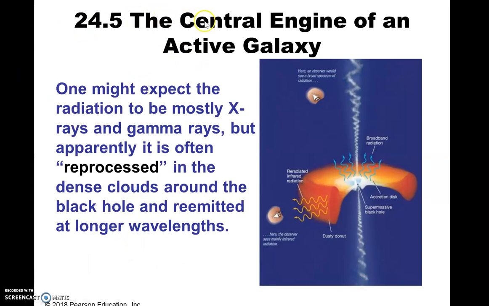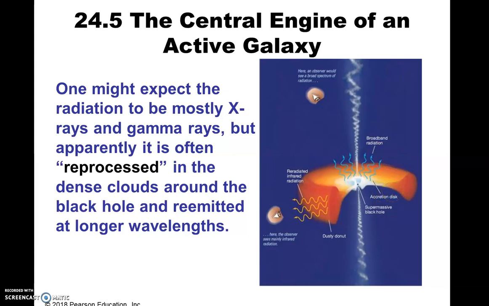One might expect the radiation to be mostly X-rays and gamma rays, but here's what happens. Coming right off of the accretion disk, there tends to be a donut-shaped structure.